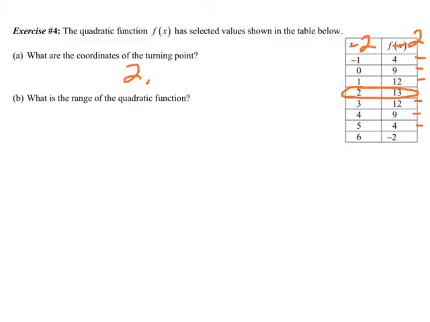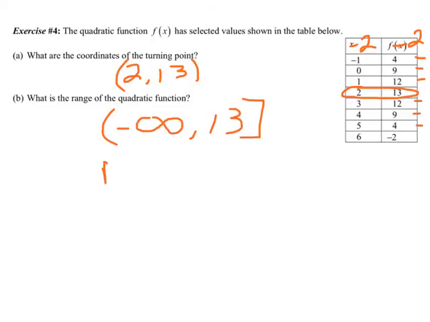So my turning point is (2, 13). What is the range of this quadratic? My range is going to be negative infinity to 13. How did I know that? Well, 13 is my highest value. I also know that this is going to be a maximum. All my other values go below 13 in my y column.